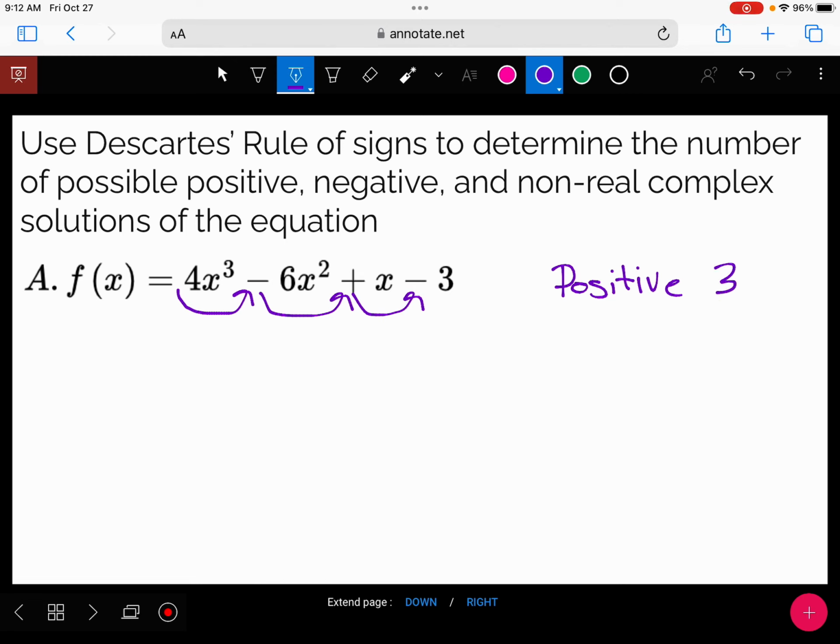There are 3 sign changes, which means we have 3 positive real roots, or 1. We're either going to have 3 or we're going to have 1.